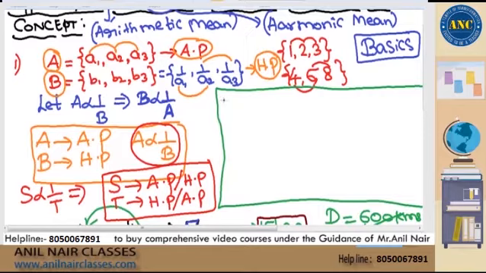Second key point is something which will be there in your 7th standard or 8th standard textbook. Please refer to it if you are not good in basics, sir. Now see here.